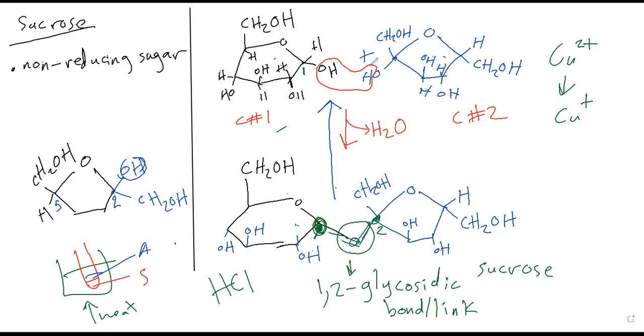Are we clear on this part? Adding the acid hydrolyzes the glycosidic bond. When I say hydrolyze, break that, put OH here. This already had the O, I'm putting on the H. That is what happens when we add acid to the sugar.